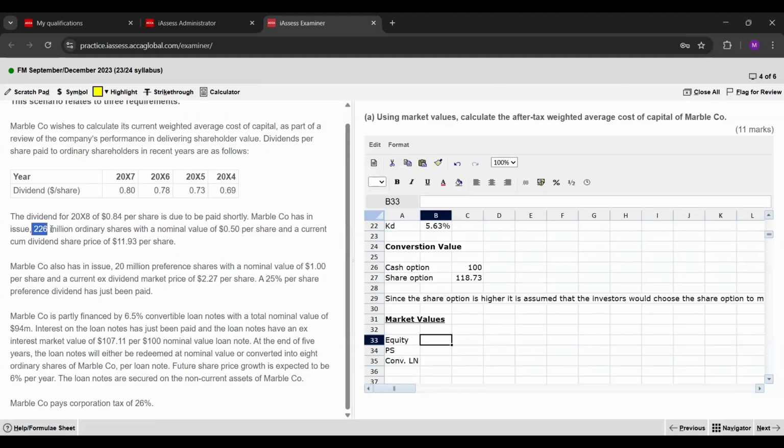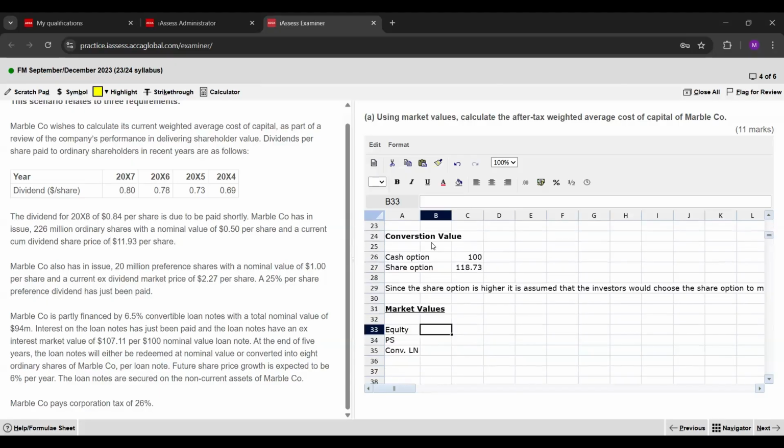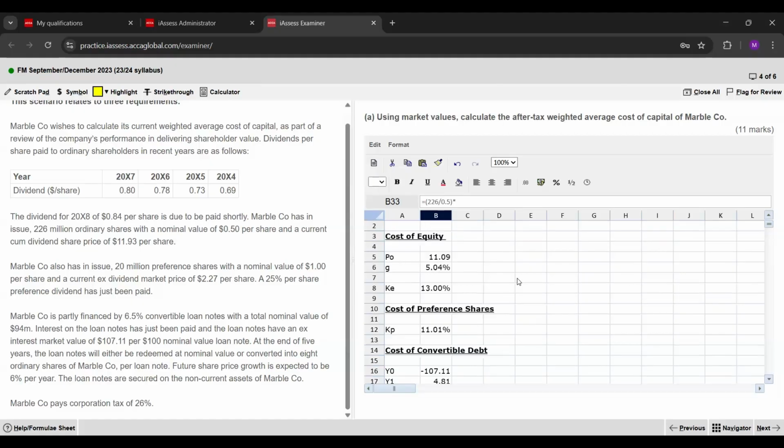So we have 226 million ordinary shares with a nominal value of 0.5. Each share has a market value of 11.09. So total market value equals 226 million. Here we are doing the calculation in millions. So you get the number of shares multiplied by the market value.